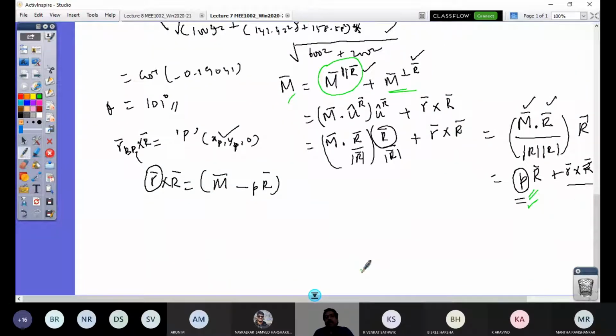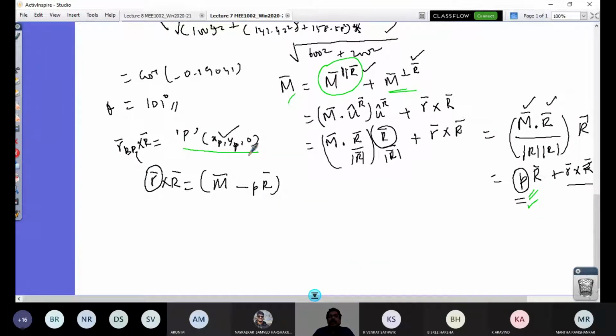point B. So for the point P, you define this point P as (xp, yp, 0), and this RBP cross R would be this. So RBP cross R would be what? Here I would have i, j, k.